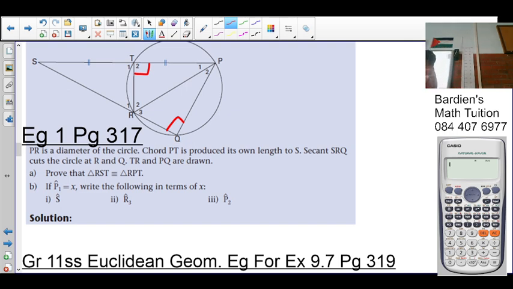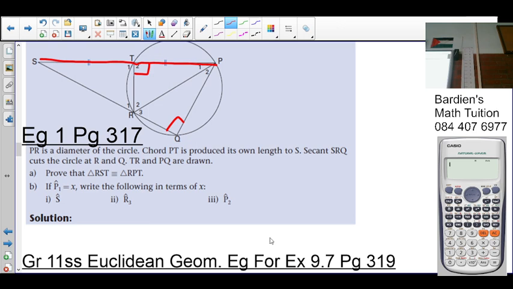Then we are told that chord PT produces its own length, so it's extended its own length to S. Secant, SRQ. What makes a secant? It cuts a circle twice. But if it cuts it once, what is it? Tangent. You guys understand?